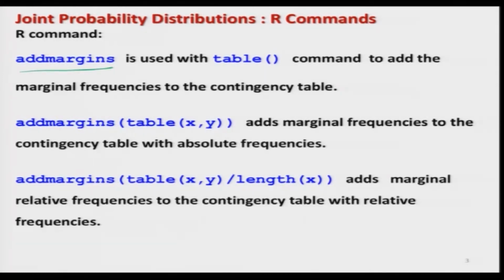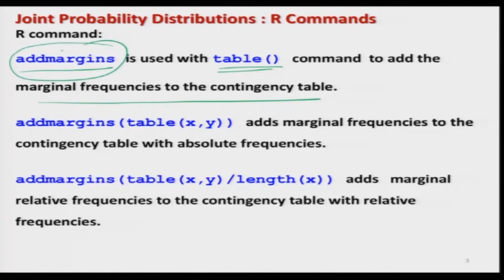ADDMARGINS is used along with the table command, and it adds the marginal frequencies to the contingency table. You can see that even the name conveys the same: add margins, that means add marginal frequencies. If I use the earlier command table(x, y) and apply addmargins on it, it adds the marginal frequencies in terms of absolute frequencies.